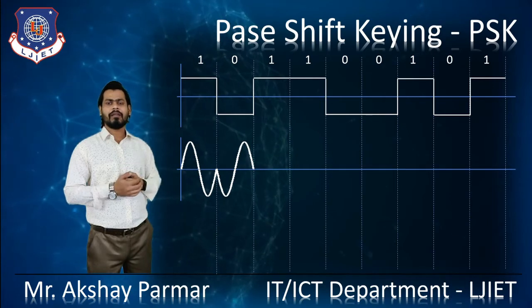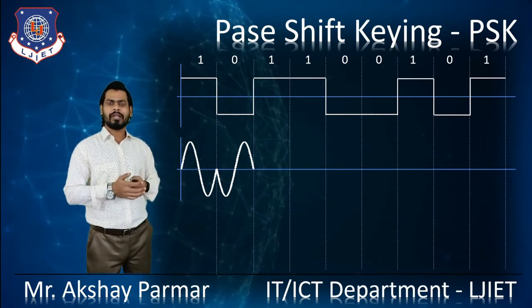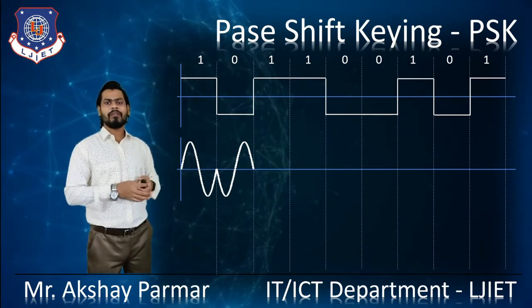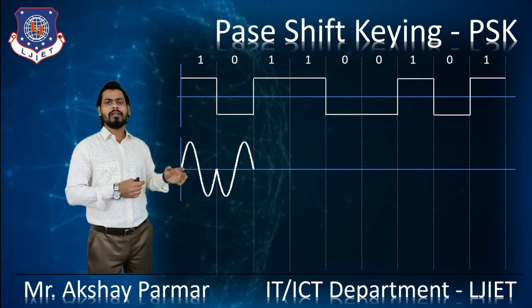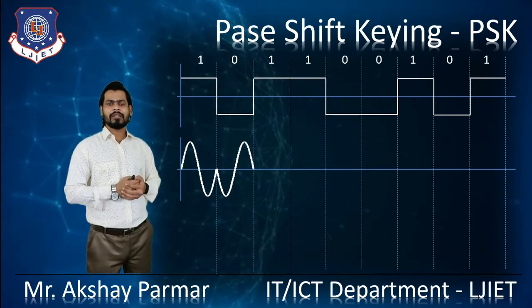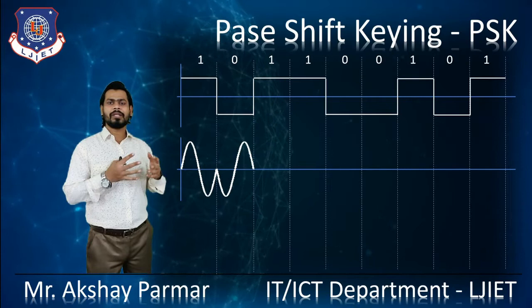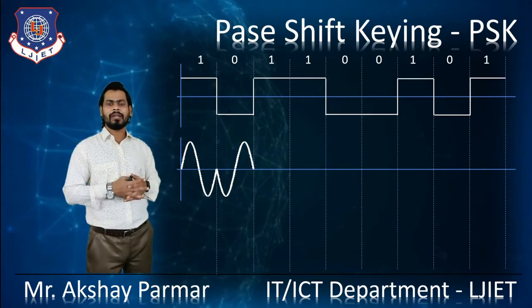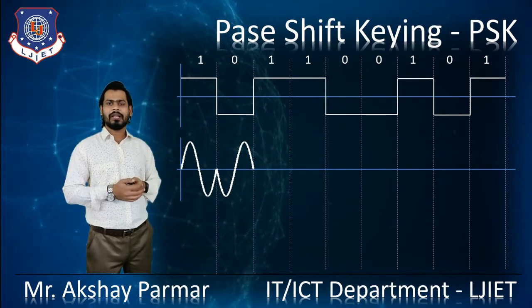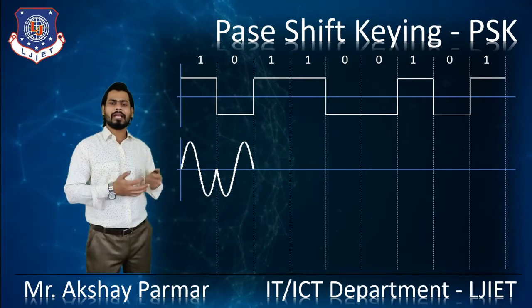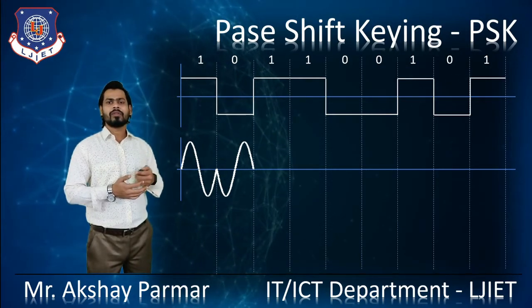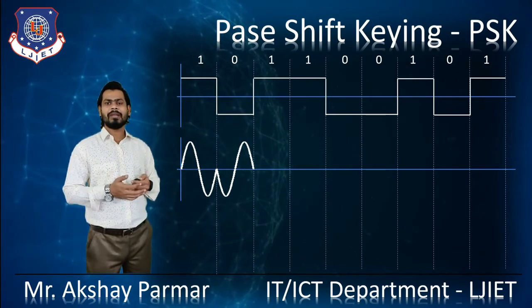Whenever we are representing bit 1, we will follow the signal which has the phase like that. And whenever we are representing bit 0, we will invert that phase by 180 degrees and represent that second bit, which is 0.